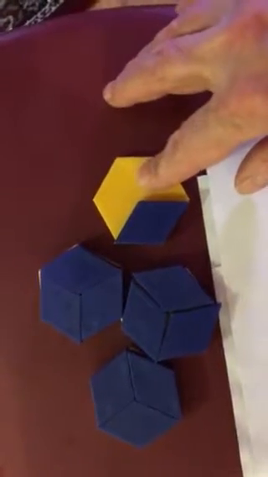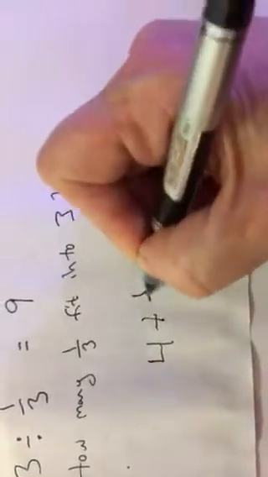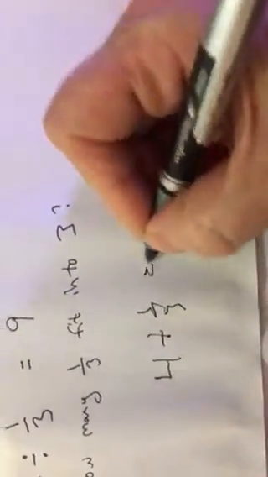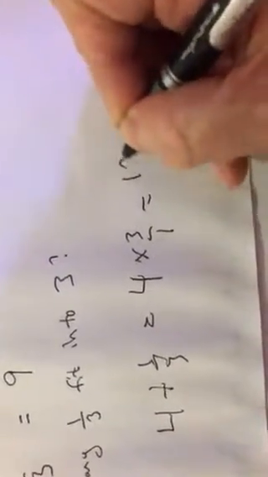We could fit 12 of them, because 4 divided by 1/3, you flip the 1/3 and you get 4 divided by 1/3 is equal to 4 times 3/1, which is 12.